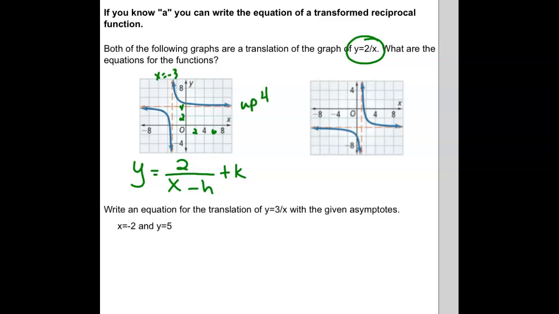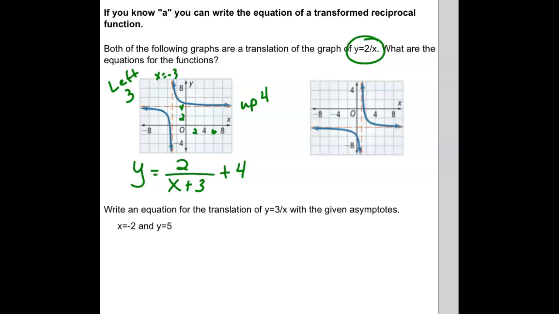So we need to write an equation that is going to shift our graph left 3 and up 4. To move left 3, our h value here, we need to plug a -3 in. So we have x minus -3, which means this is going to turn into x plus 3. To shift it up 4, our k value here has to be a +4. So that's the equation that would give us that given graph.